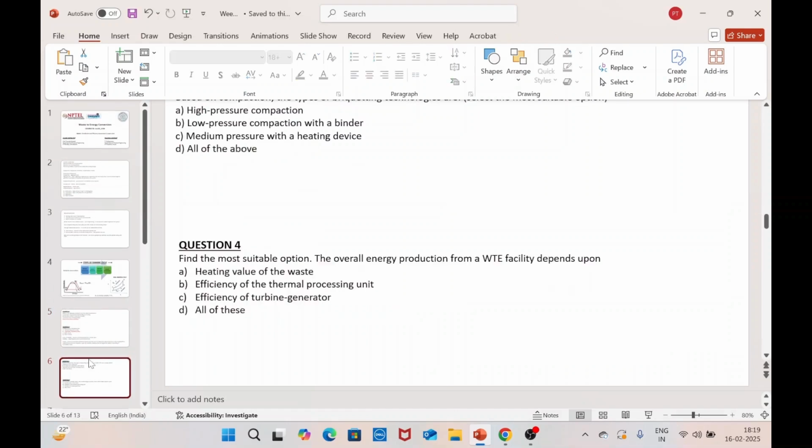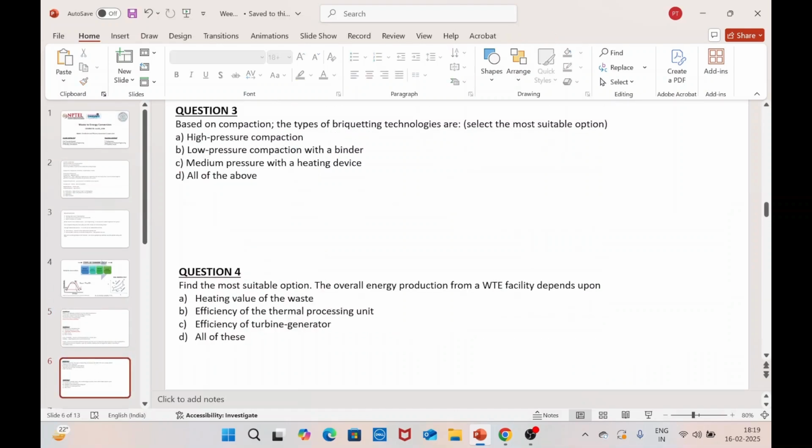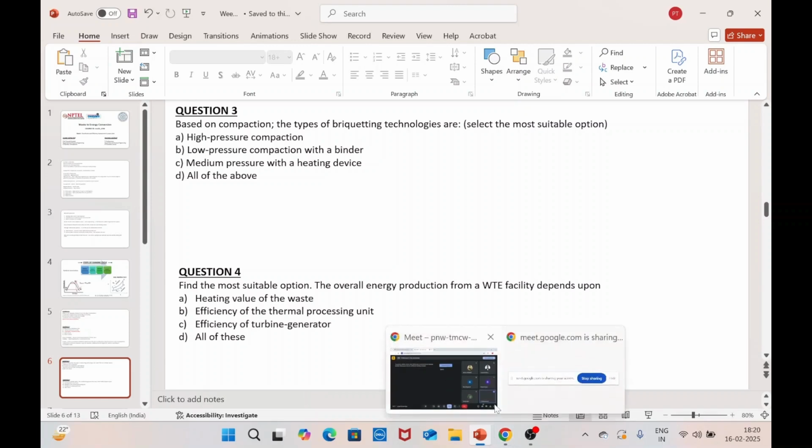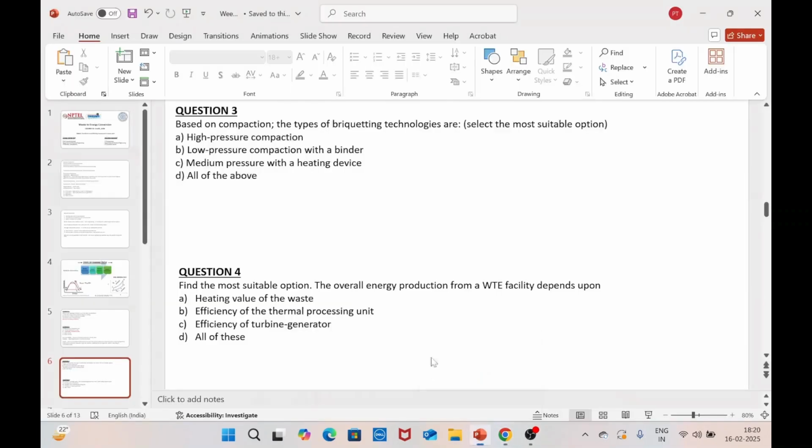So let's move to our next question. Question number 3. If you have any doubts, please let me know. Question number 3 is, based on compaction, the types of briquetting techniques are. This is a very easy one. We have discussed this. Yes, this is, I think, the easiest question among all four.